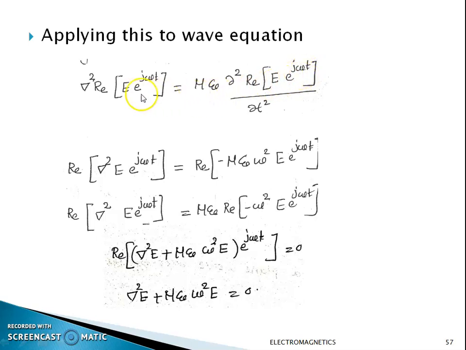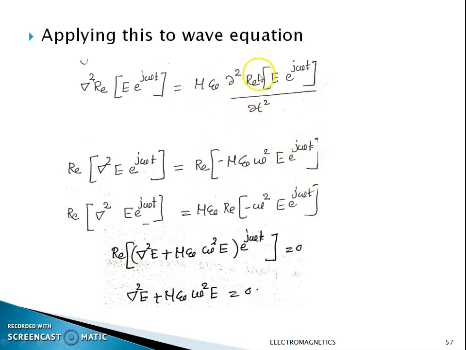That is, we are replacing the value of E with the real part of e raised to j omega t. This can be written as real part of del square e raised to j omega t. It is equal to real part of minus mu epsilon omega square e raised to j omega t.